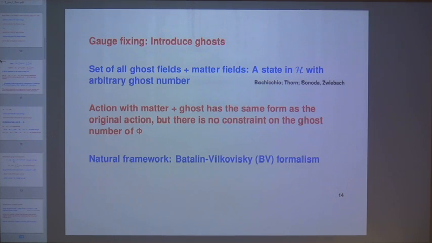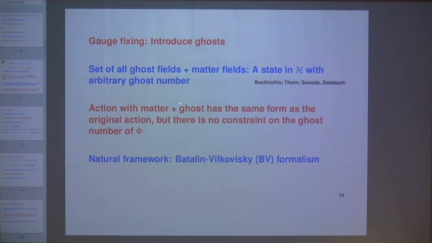Now, this is somewhat surprising, but this is a particular property of string field theory, because the ghost fields that we are referring to here are the ghost fields that come from gauge fixing the string field theory, where the ghost number that is being referred to here is a ghost number in the worldsheet theory. Nevertheless, one finds that upon gauge fixing, all we need to do to introduce the set of all the ghost fields is to relax the constraint on ghost number in the states in H.